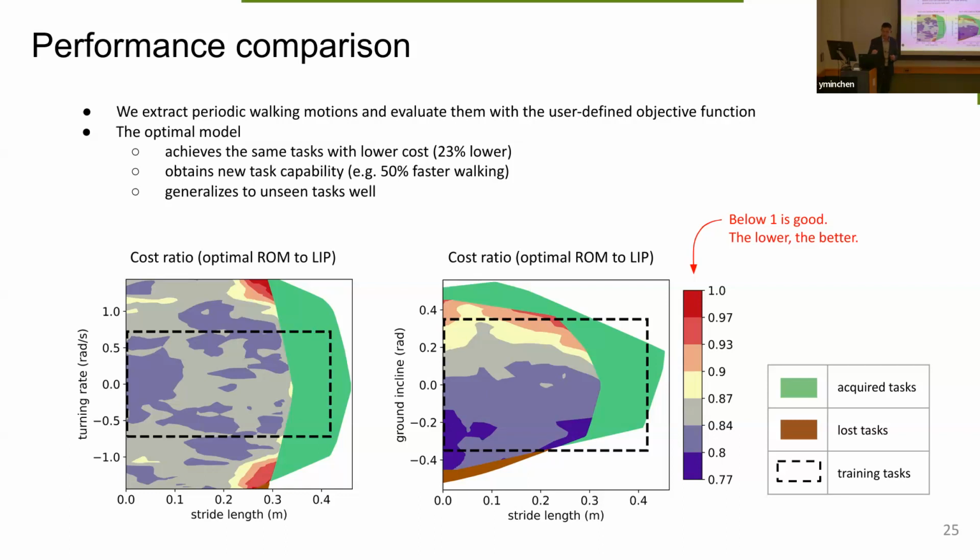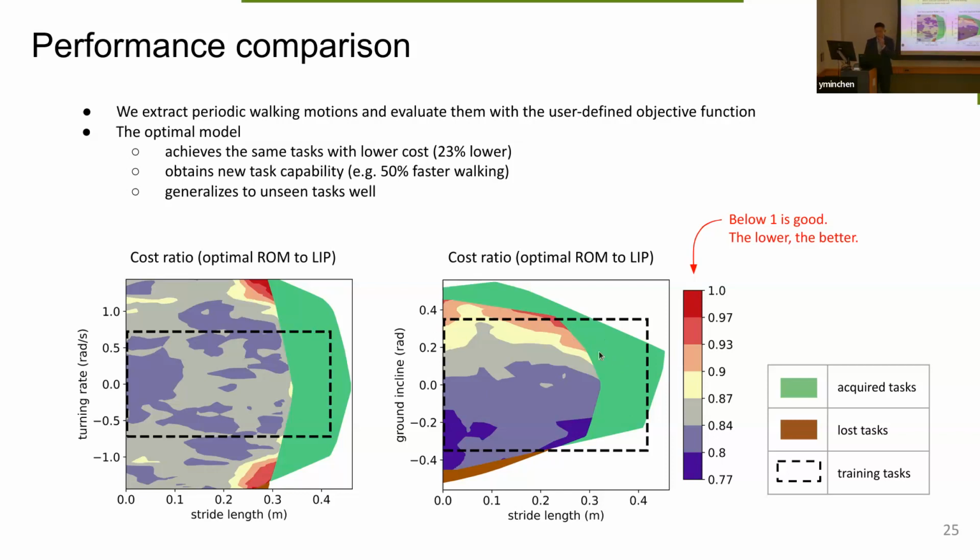Specifically, the optimal model improved the cost by 23% for the negative ground incline task, and the green area highlights the acquired task, like I said earlier.